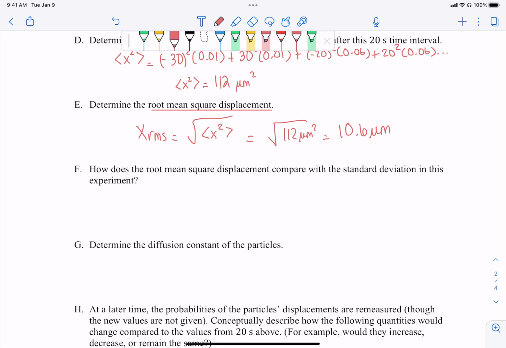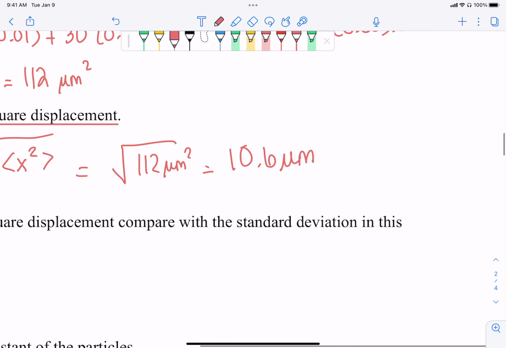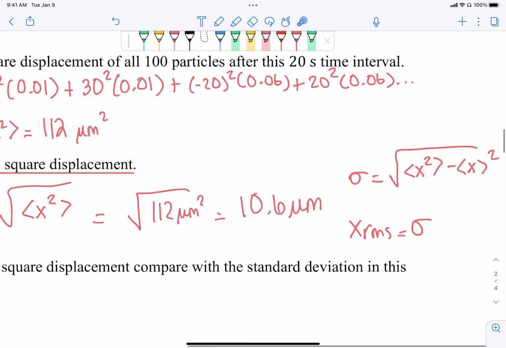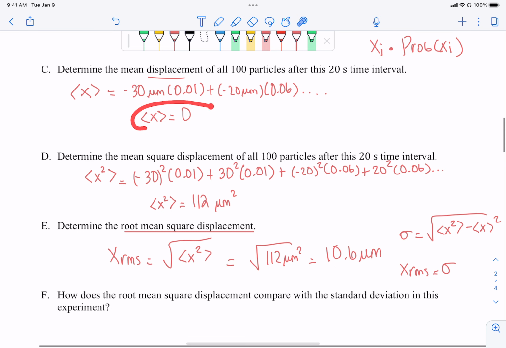So that would be your standard deviation, right? So that would be this one. And if you think about it, your XRMS is actually equal to your standard deviation. Why? Because think about it. Your average final position is 0, right?